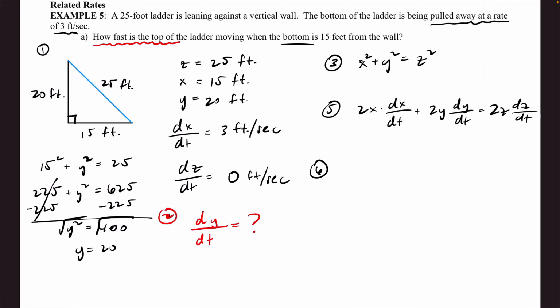Step 6, plug it in and solve. 2x times dx over dt plus 2y times dy over dt, which I don't know, equals 2z dz over dt.